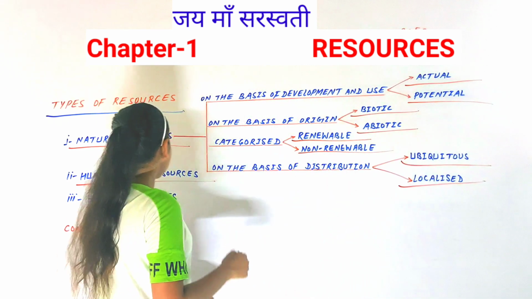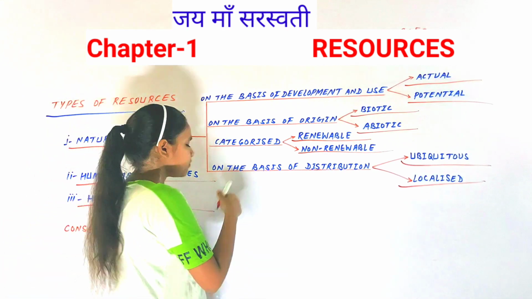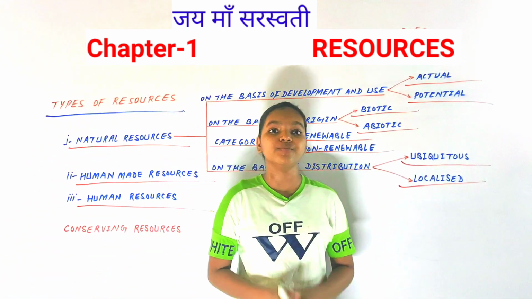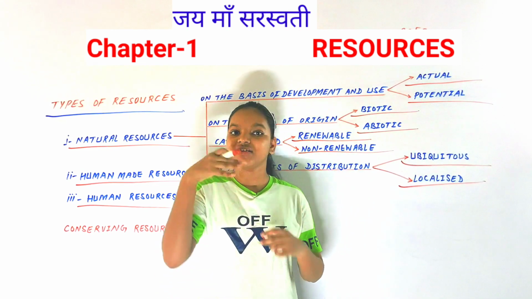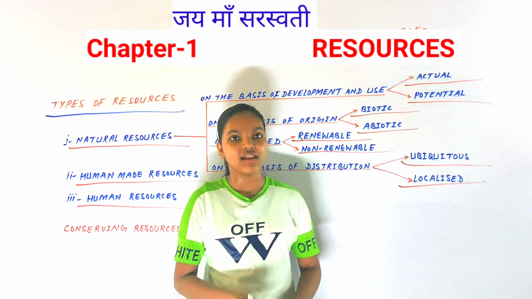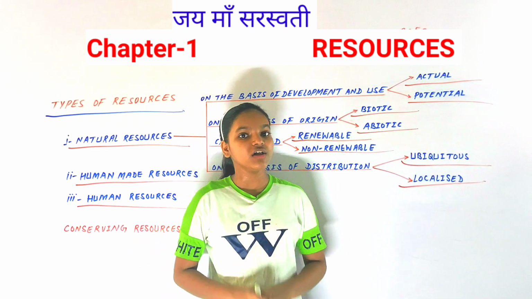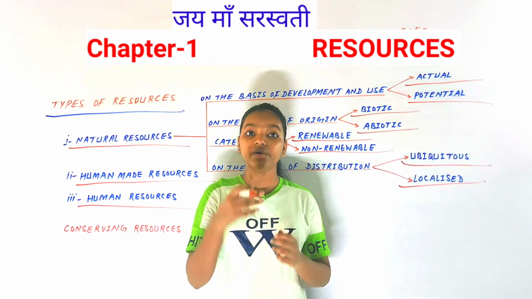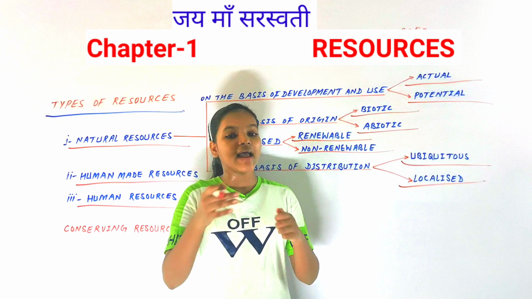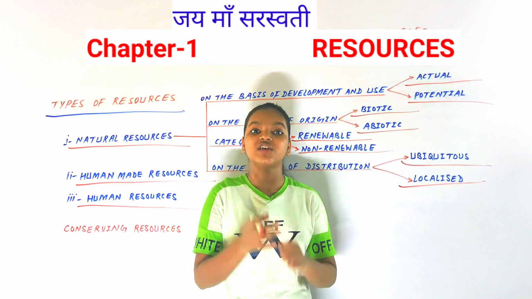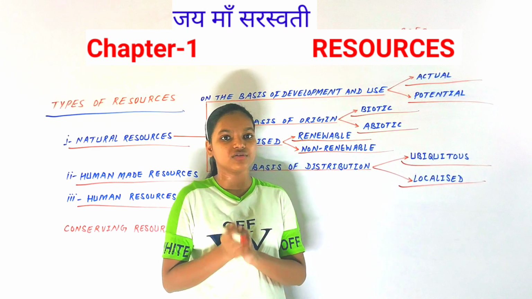So technology is also a human-made resource. Now the next type of resources is human resources. Human resource is the most important resource, because of our skill, our knowledge, our technology, we are able to make resources and to recognize resources. Thus, people are also a resource, and that is human resources.